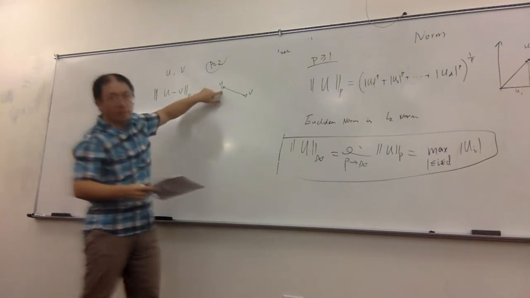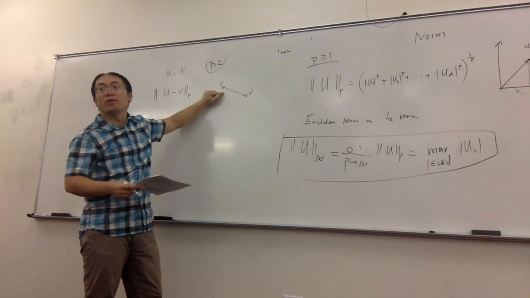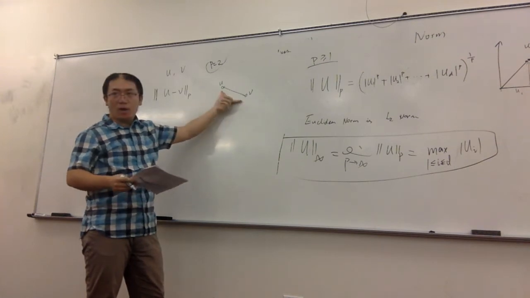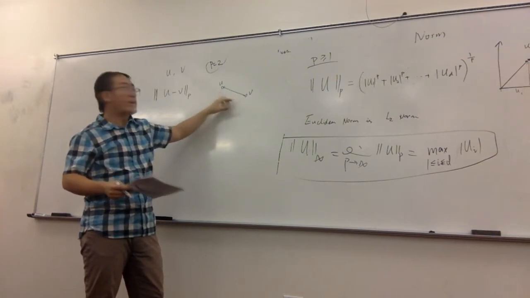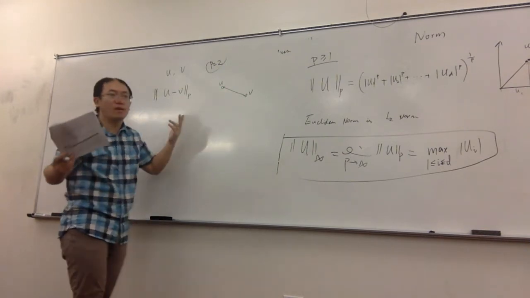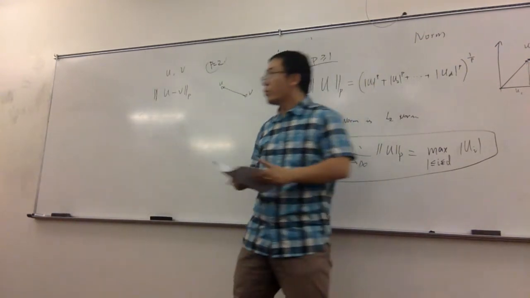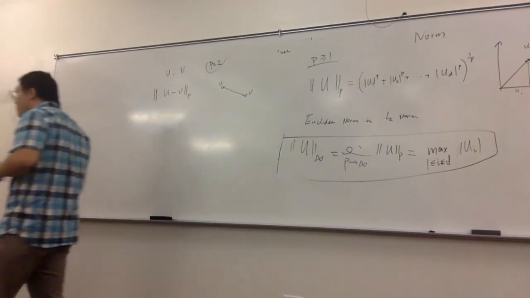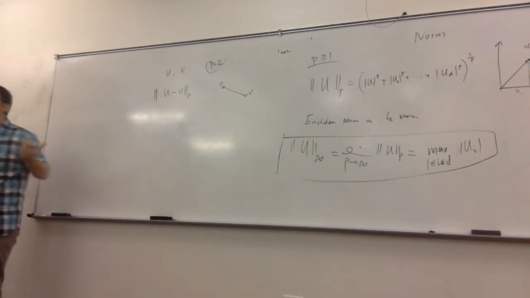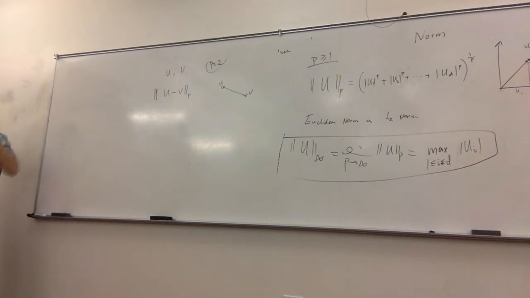It's actually a vector starting from V to U. Then you take the L2 norm, namely the Euclidean norm, and it is the Euclidean distance between U and V. But of course, you can define all kinds of other distances. The Euclidean distance is the most familiar distance in the human world, but in an abstract world, you can define all kinds of distance.